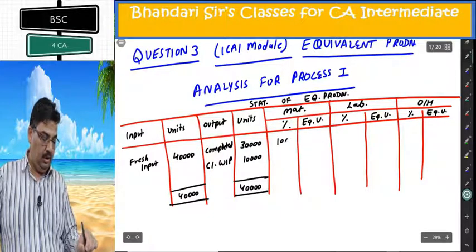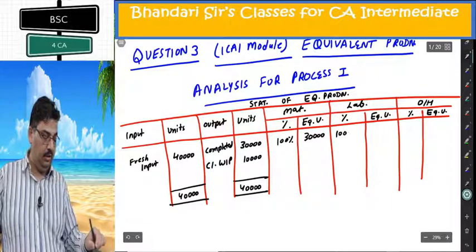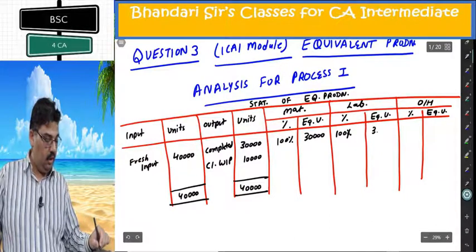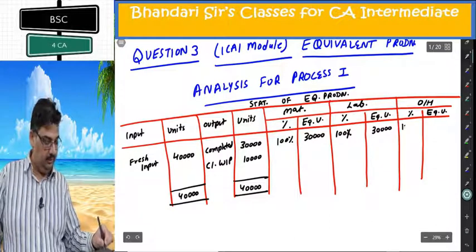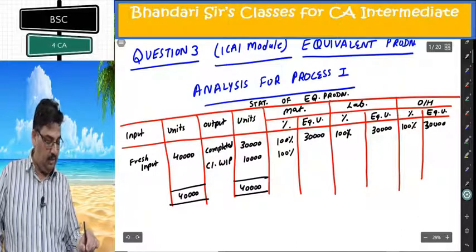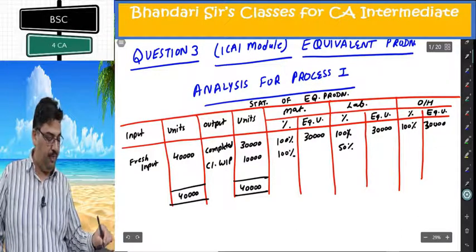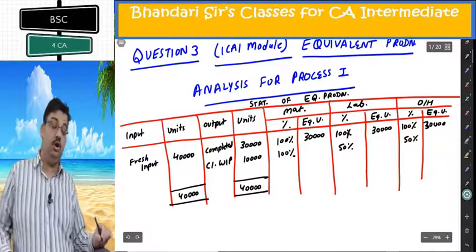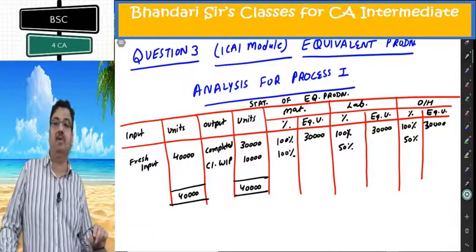Degree of completion 100% for completed units everywhere. 100% 30,000. 100% 30,000. For 10,000, 100%, 50%, 50%. If the question did not give me degree of completion, I would have assumed the same.